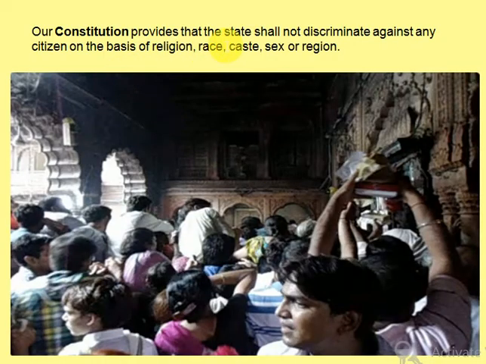Our Constitution provides that the state shall not discriminate against any citizen on the basis of religion, race, caste, sex or origin. So you have the fundamental right of worship, to follow your own religion, your own culture. You can worship in your temples or your masjid, gurdwaras, church, whatever it is.